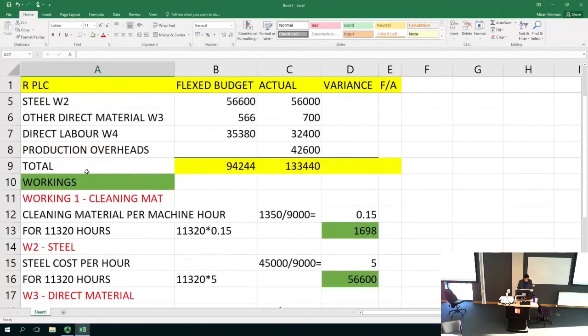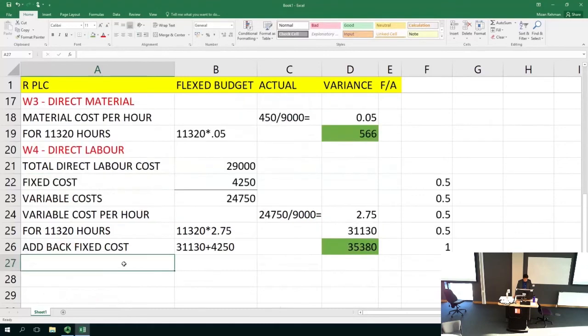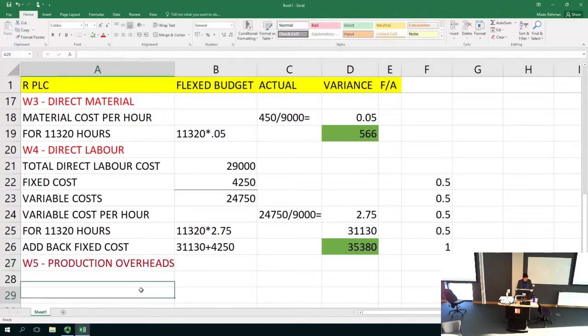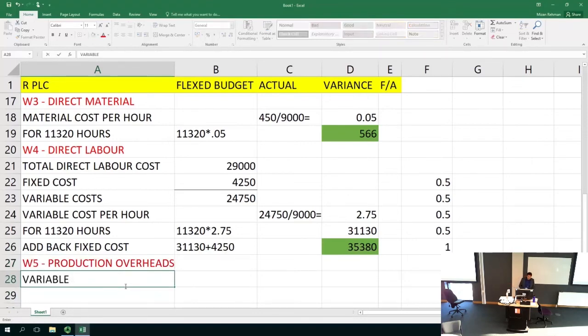Working on production overheads. So first of all, step 1 gives us variable cost per unit per hour.